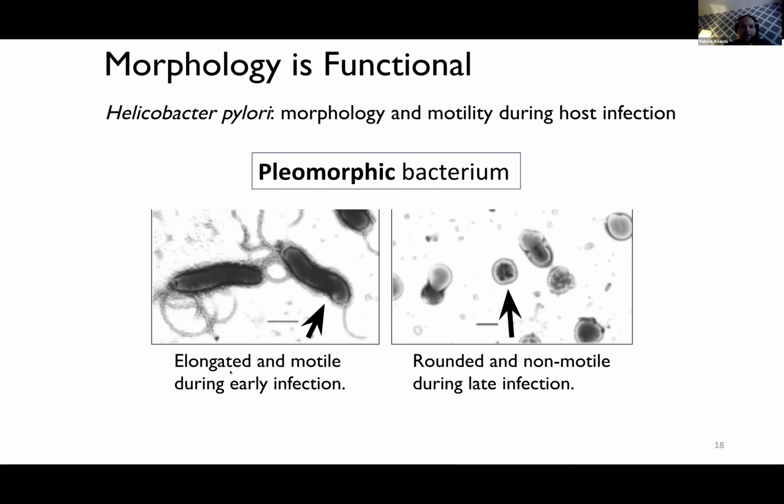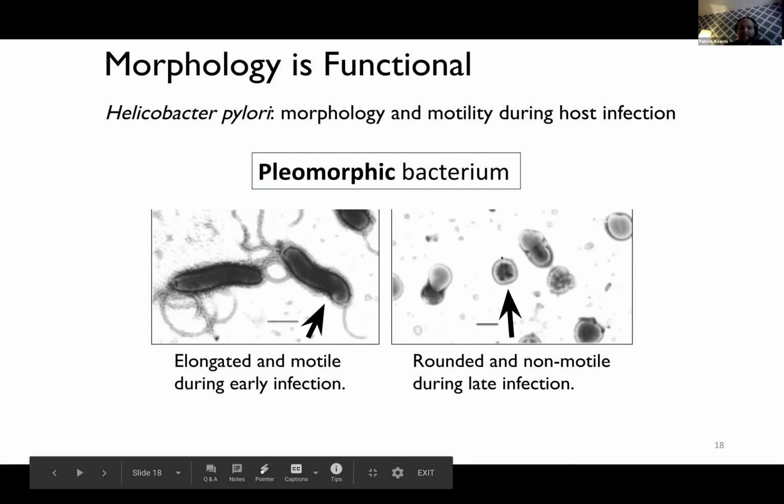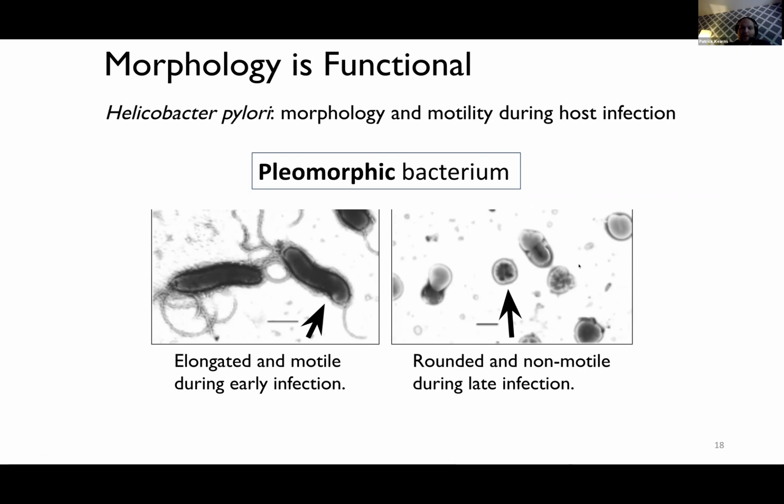This is during early infection and in the middle of the infection. It has a completely different shape relative to late infection. As the infection is starting to go away, it becomes round and non-motile. So it has this complete shift in its morphology between early infection and late infection, and this is what we call pleomorphic.